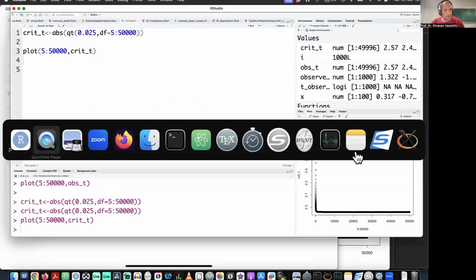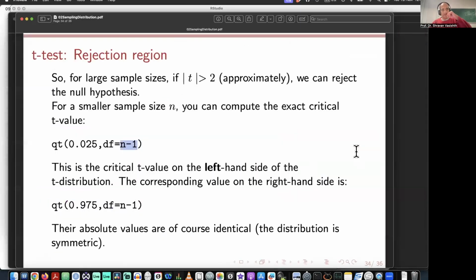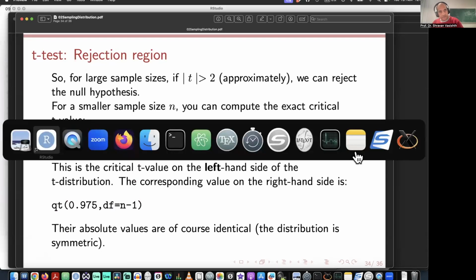All right. So because for large sample sizes the critical t-value is going to be about 1.96, let's call it plus minus 2 as usual. I like to just use plus minus 2. So for large n, let me write this down.